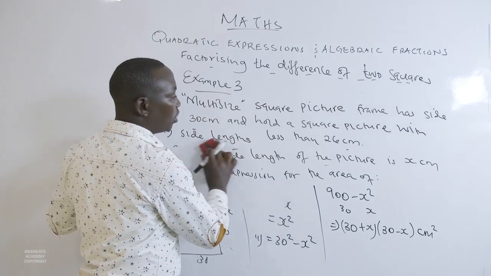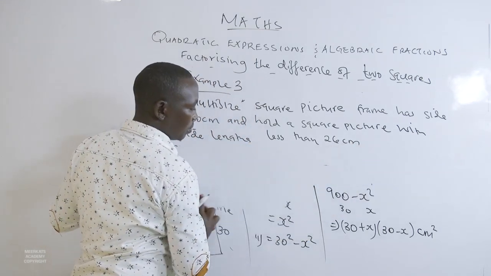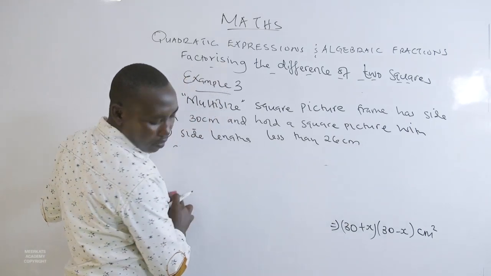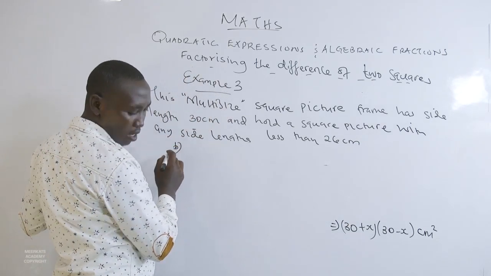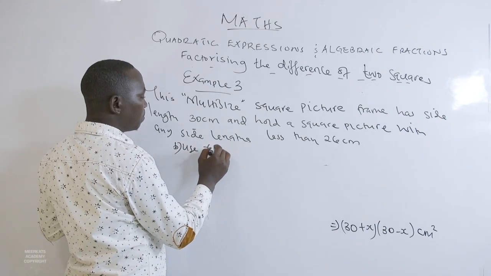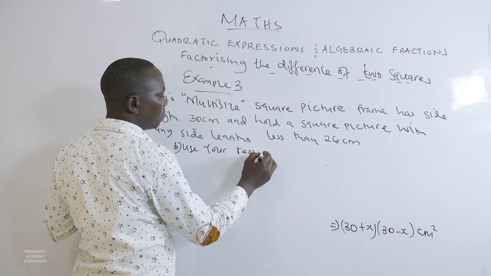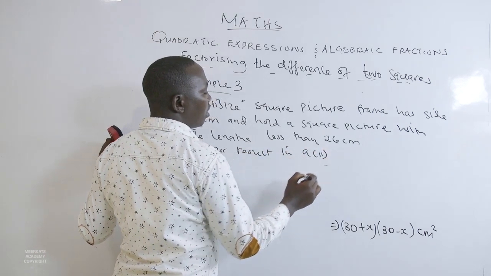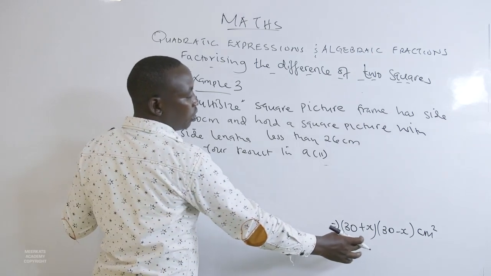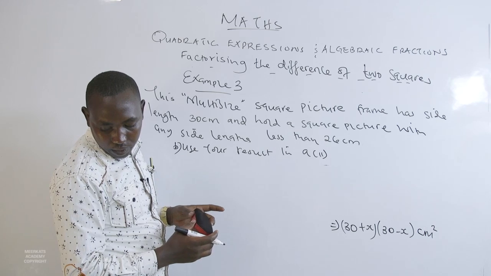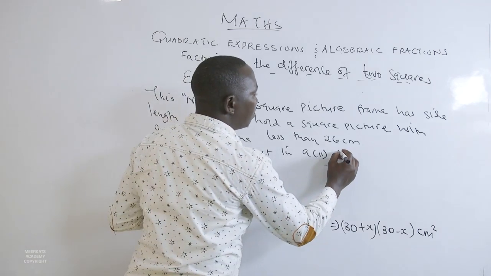Part B of the question says that use your result in part 1 Roman 2, that is our result, to find the area of the frame.